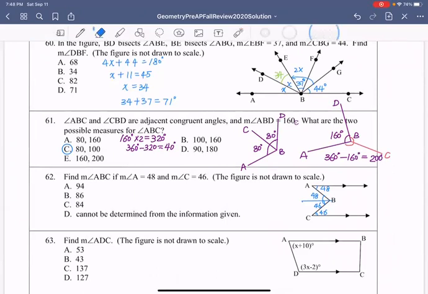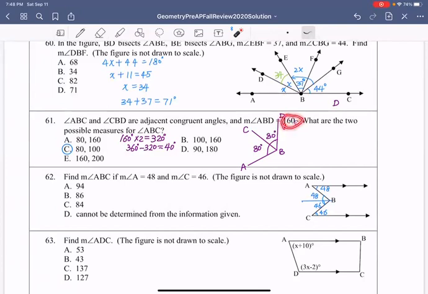Ellen, go ahead, read this question. Angle ABC and angle CBD are adjacent congruent angles, and the measure of ABD equals 160 degrees. What are the two possible measures for angle ABC? This is 160, right?